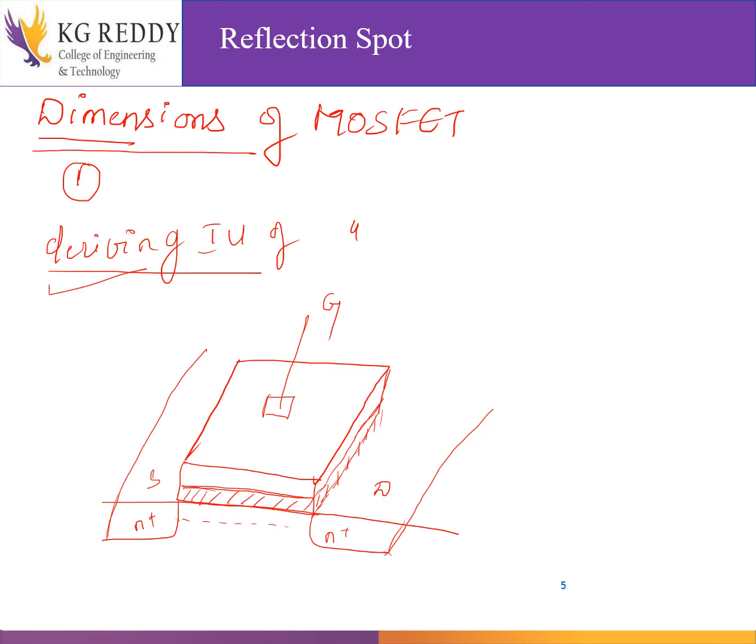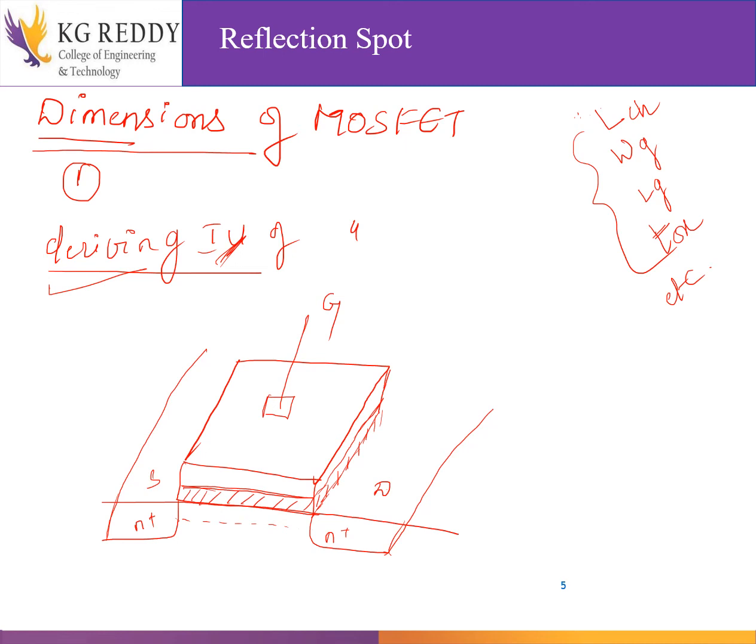First, we will be looking at the channel length, the length of the channel, then the width of the gate, the thickness of the oxide, TOX, etc. These are the dimensions of the device which are mainly used for deriving the IV, the current voltage characteristic.